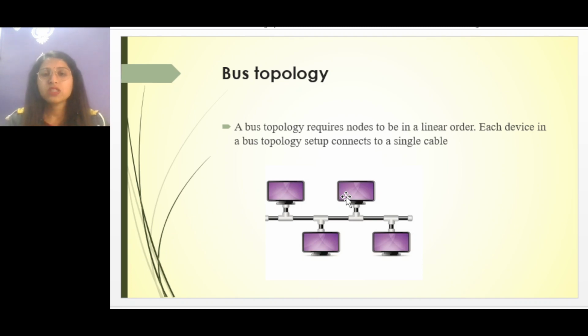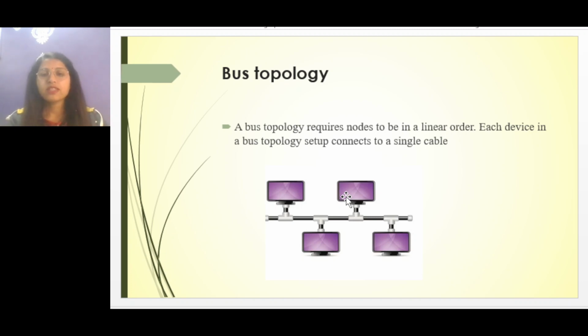In bus topology, all the nodes, meaning the systems, are arranged in a linear order. There is a single cable, the backbone cable, and every system is going to share it.